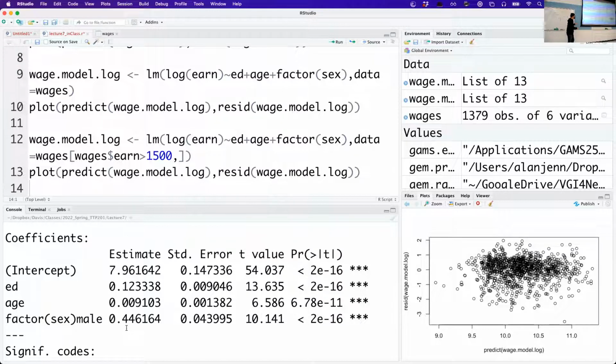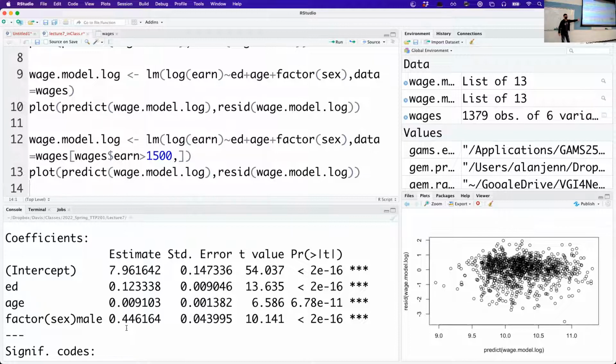But also, when I describe these results, I've now filtered out wages below 1,500, right? So I should be careful about the way I describe this, saying that for people who make more than $1,500 a year, we observe these relationships.